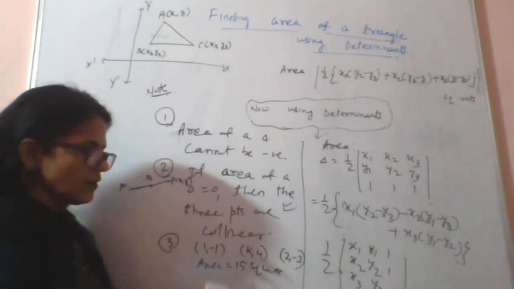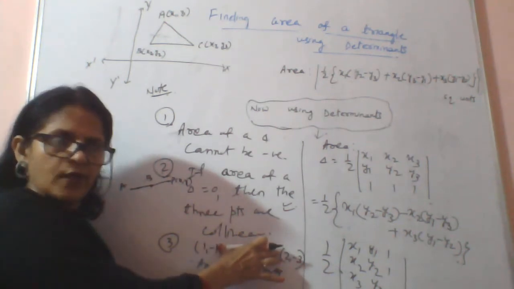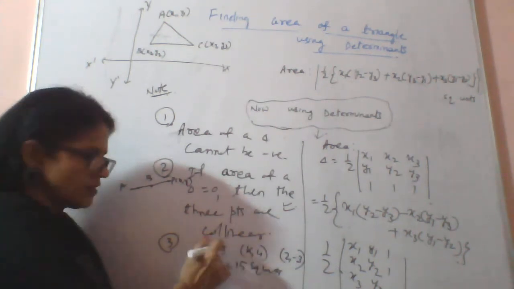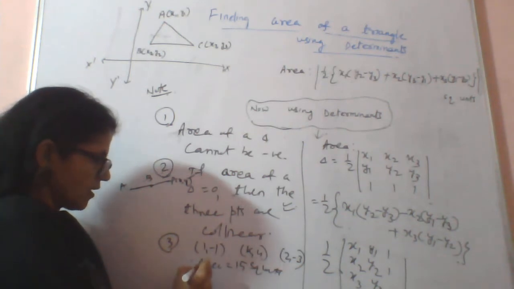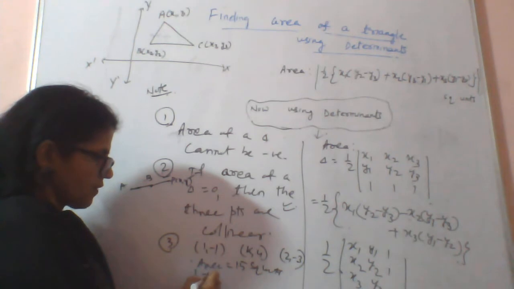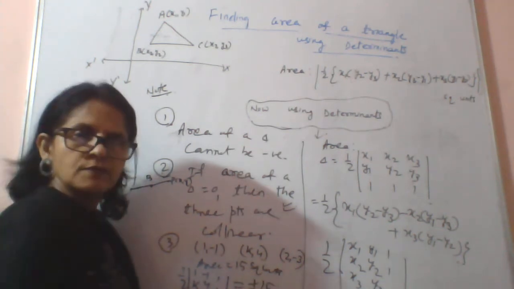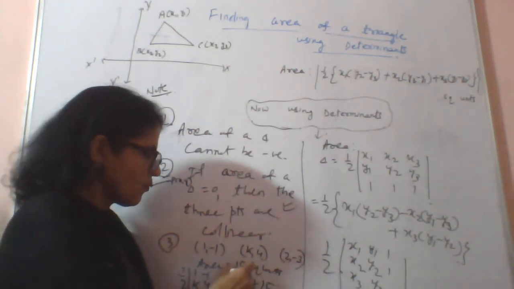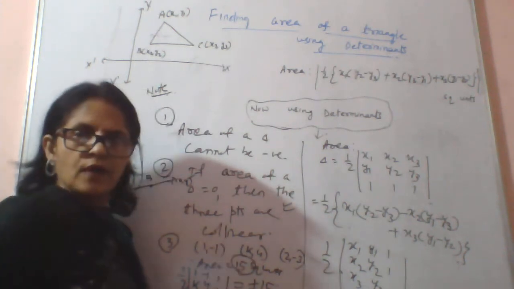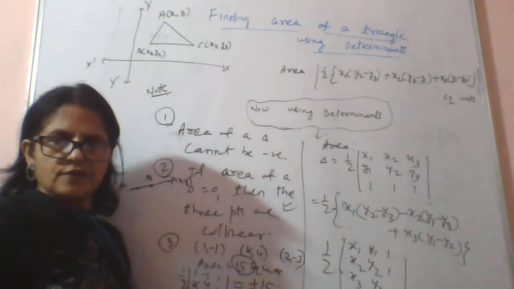Now while comparing the area formula with these 15 square units, we need to take the determinant 1, K, 2, -1, 4, -3, 1, 1, 1, half of this determinant should be taken as plus minus 15, because taking only 15 will give you half of the answer.